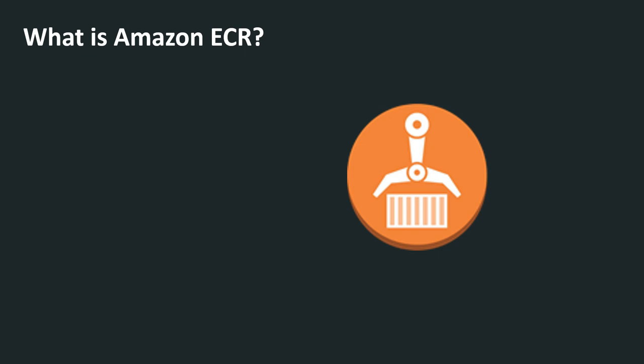So basically this is just a repository for container images, an alternative to Docker Hub or Nexus Docker repository, where you can store your Docker images. For example, an advantage of using Elastic Container Registry is of course that it's part of the whole AWS ecosystem. It integrates well with other services.